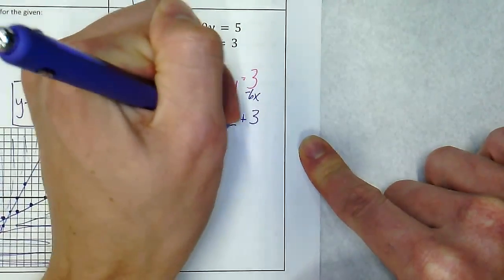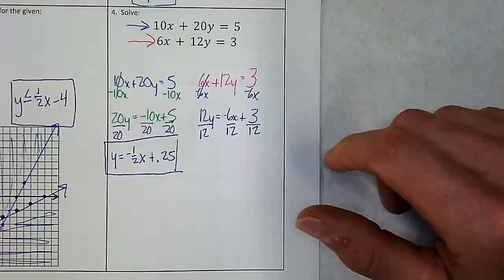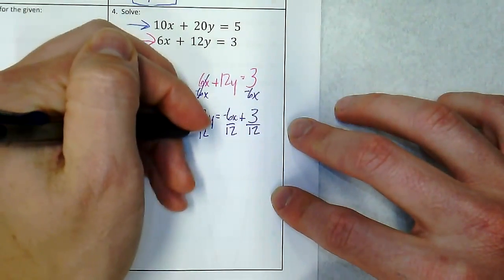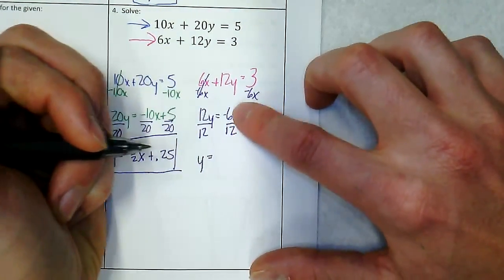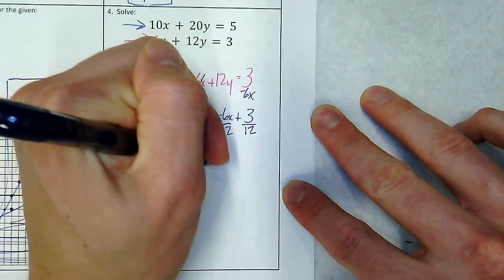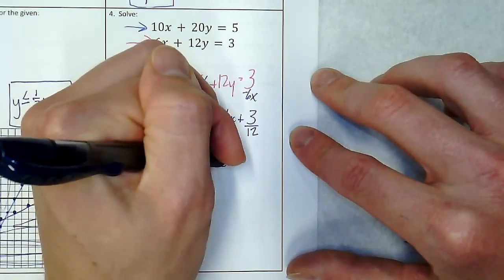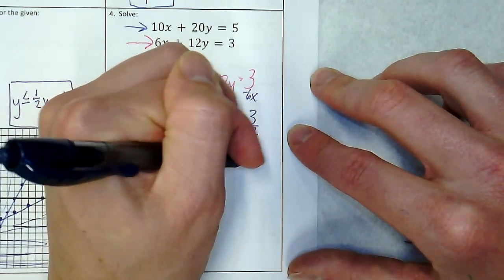Divide everything by 12. And now we are solved for y. 12y divided by 12 is y. Negative 6 divided by 12 simplifies to negative 1/2 x. And 3 divided by 12 simplifies to 1/4 or 0.25.